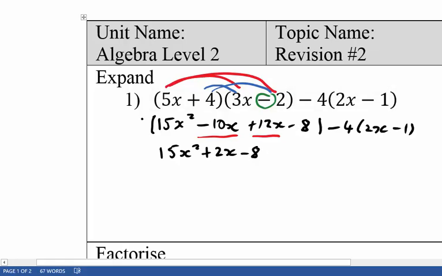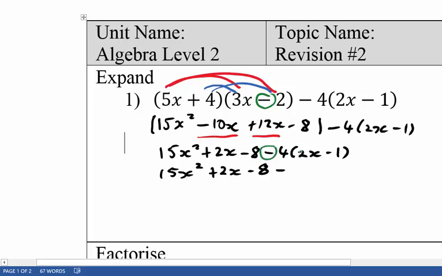Now I can get rid of the brackets. There's no negative in front of the brackets here, and so I can just leave it like that. And then again I'm going to tag that on, negative 4(2x minus 1). Now because this is an expand question, I need to get rid of these brackets, so I'm going to do that. And I probably could have done that up here, but that's okay. I'm just doing it nice and slowly. So this will all be the same. And now, remember, it's very important, this here is a negative.